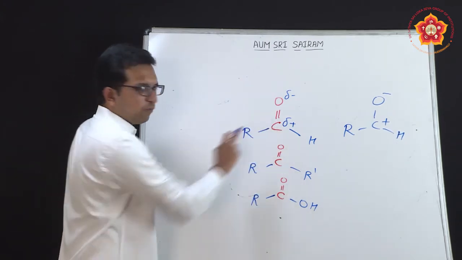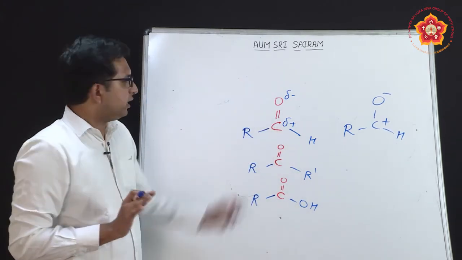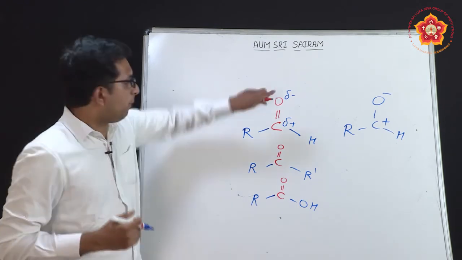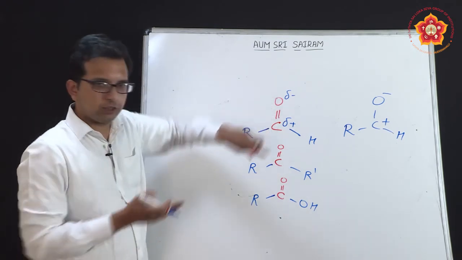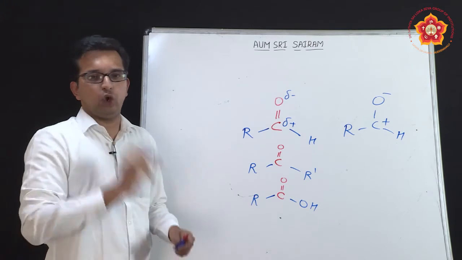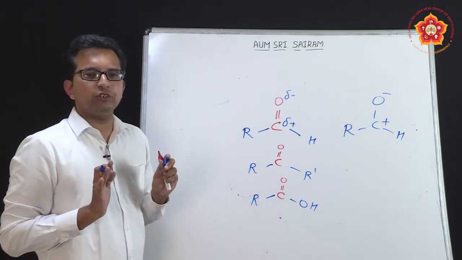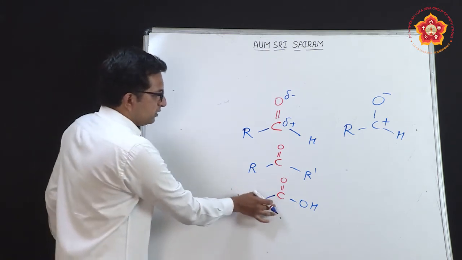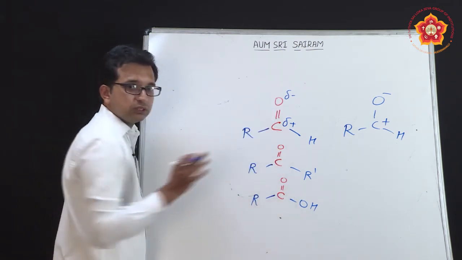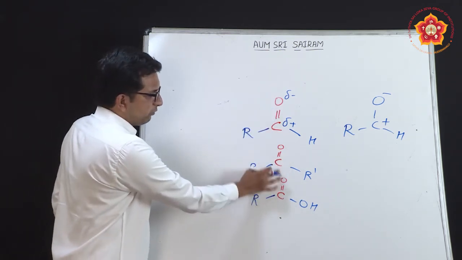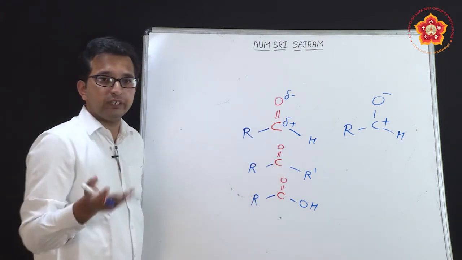The delta indicates that it is partially present. Partially negative indicates that these electrons are attracted more towards oxygen. A similar aspect continues for other compounds also, because the electronegativity difference between carbon and oxygen determines it.